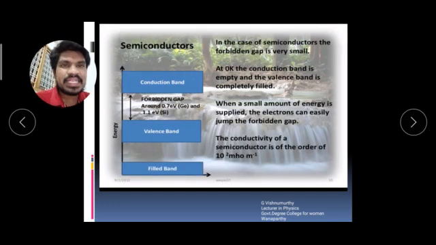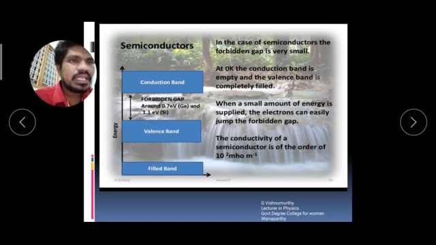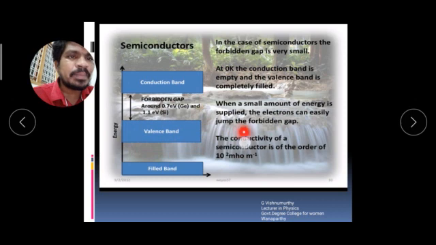And the second one is semiconductors. In the case of semiconductors, the forbidden gap is very small. At 0 kelvin, the conduction band is empty and the valence band is completely filled. When a small amount of energy is supplied to the valence band, the electrons can easily jump the forbidden gap.